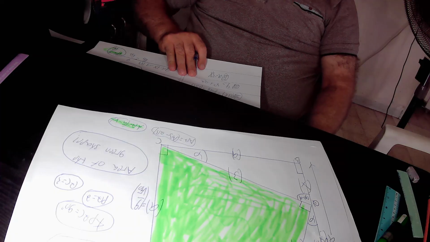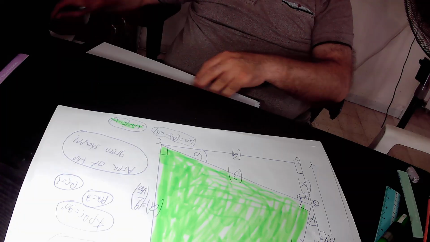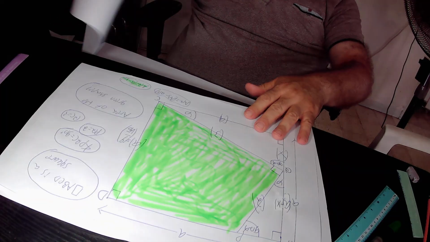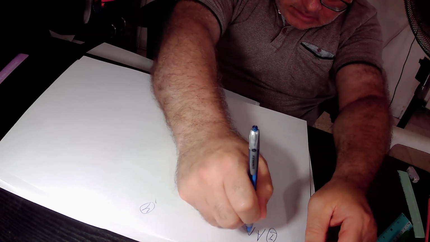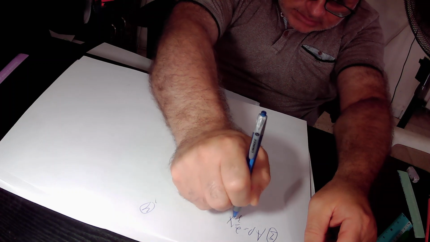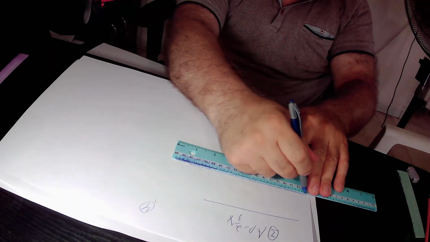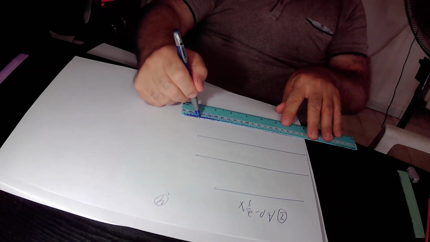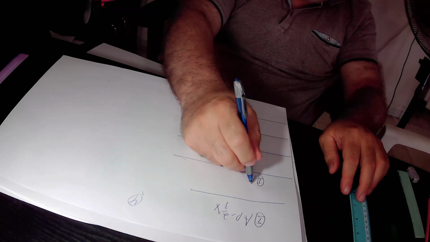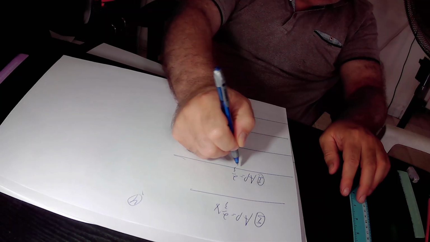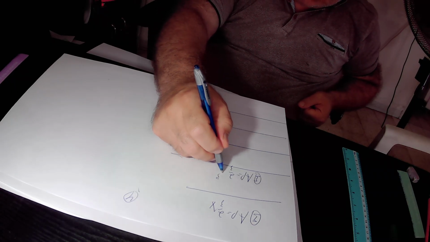According to equation 1, we already found out that AP equals 2/3 x. So AP equals 2/3 times x, and x is 3 over square root of 10.